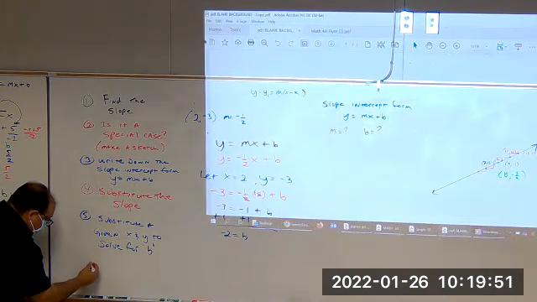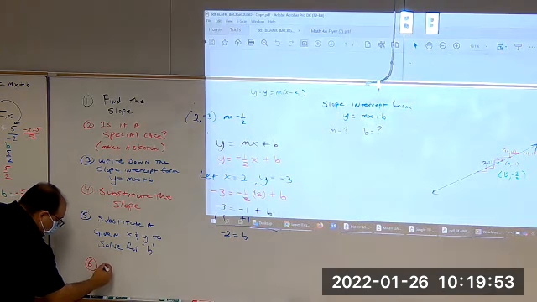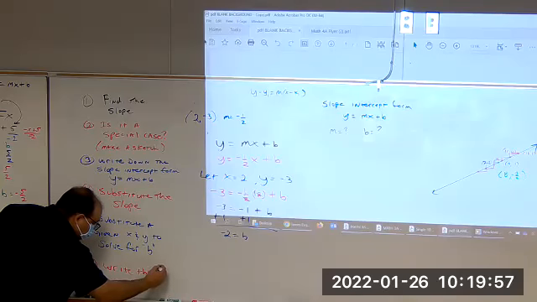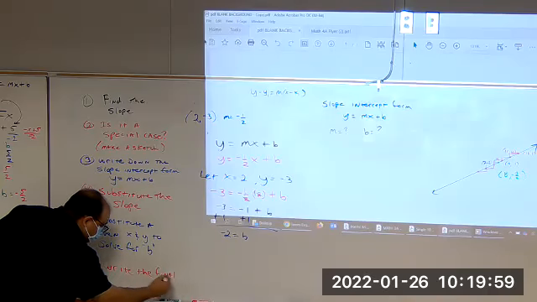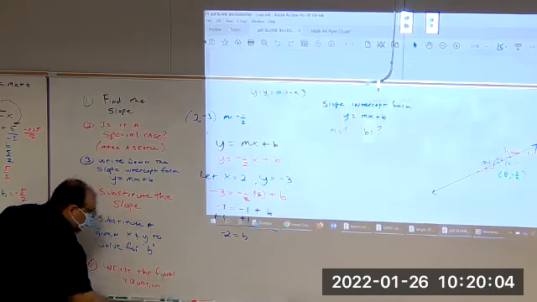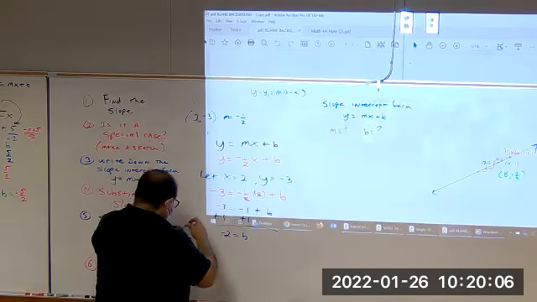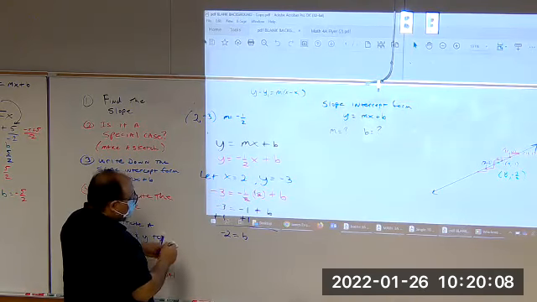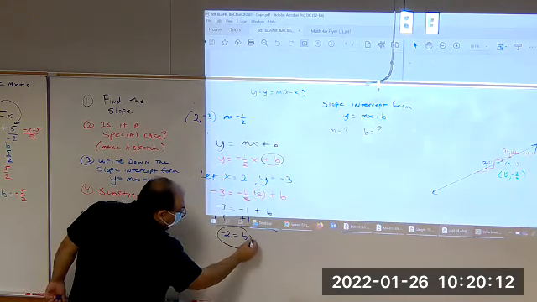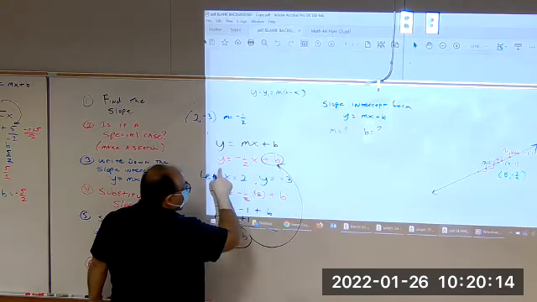And then step 6, write the final equation. The missing y-intercept that we needed, this B right here that we were trying to figure out, I now know that it's -2.